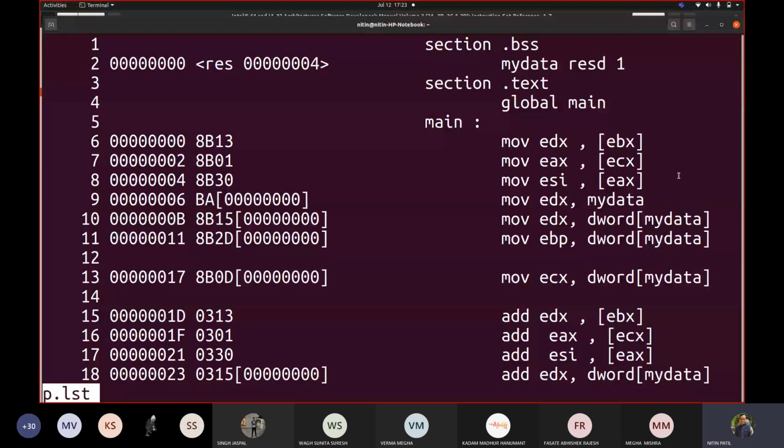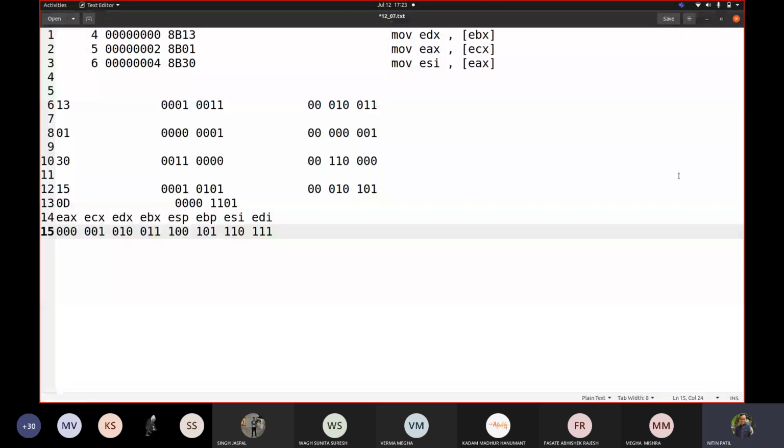And how was it done? This file justifies that. When we saw 0D, it was like this, so we could directly say that this one was ECX. That's why this instruction contains ECX, and in brackets there is some variable, which is not EAX, EBX, ECX, EDX, ESI or EDI, and neither ESP nor EBP.